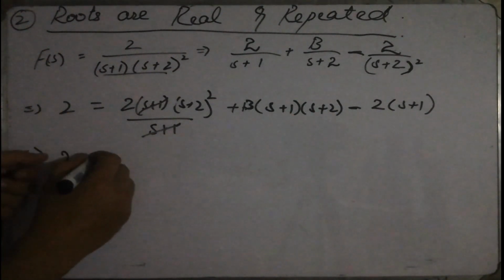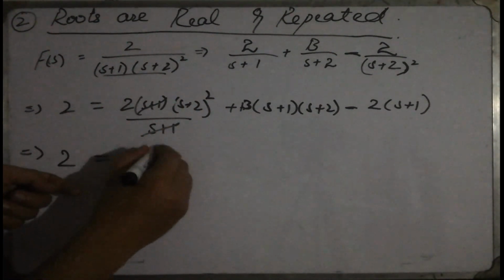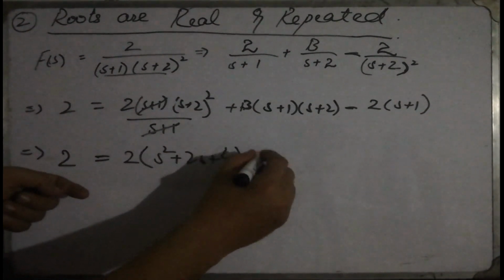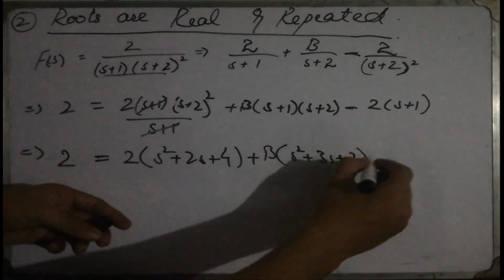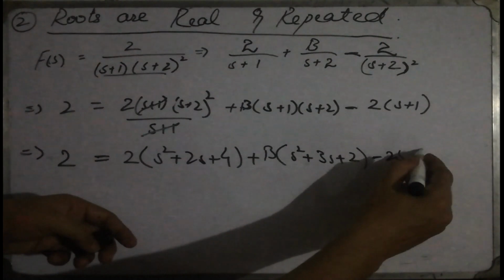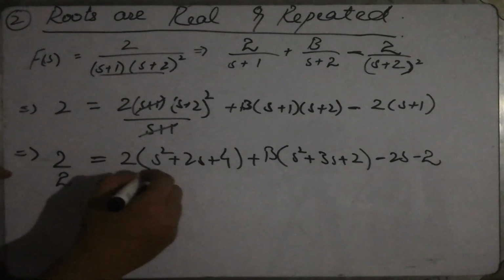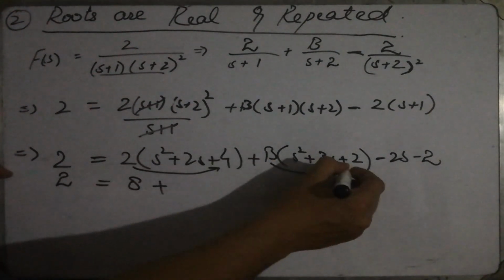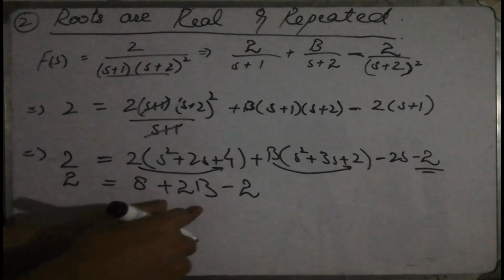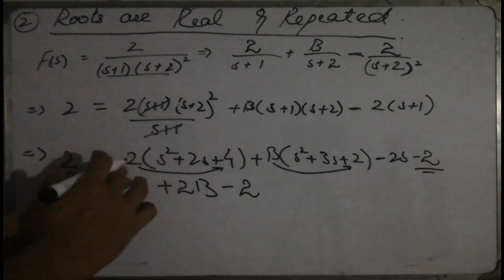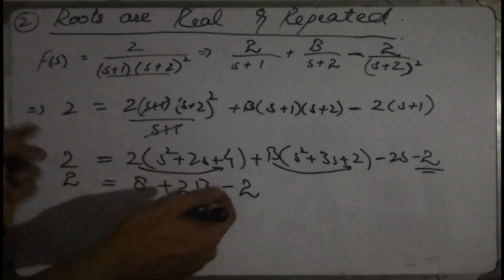We have constant 2 on this side, and the constant on this side would be, so in order to find b, we separated the constants on both sides, and then we equated them, so the constants must be equal, right?